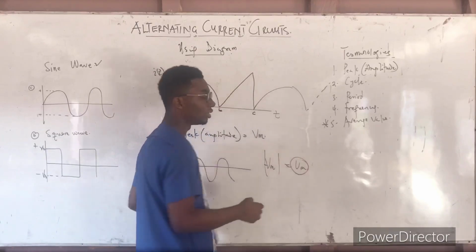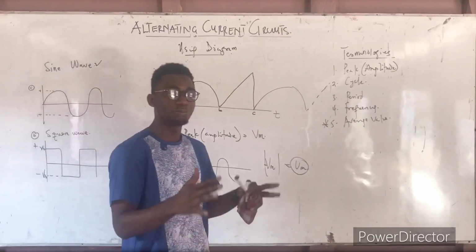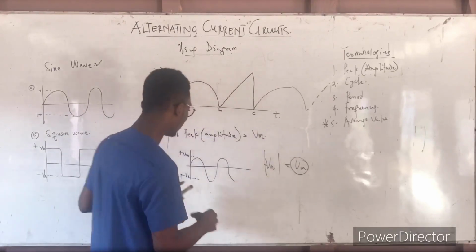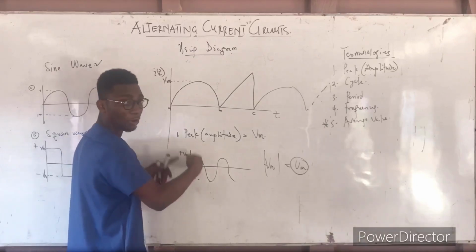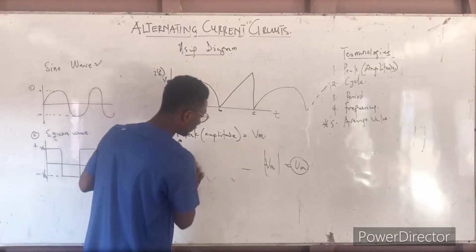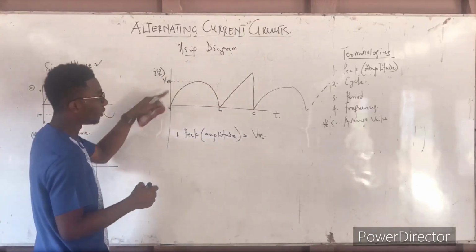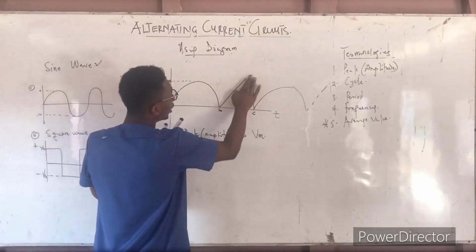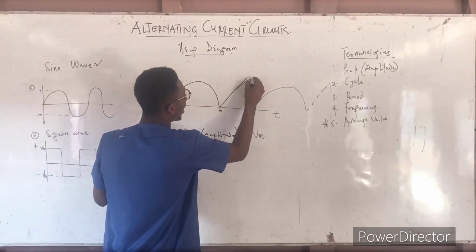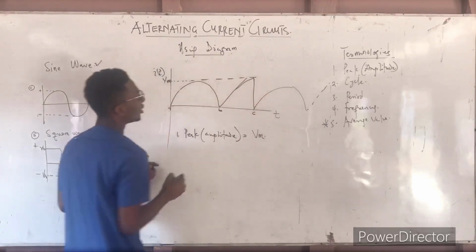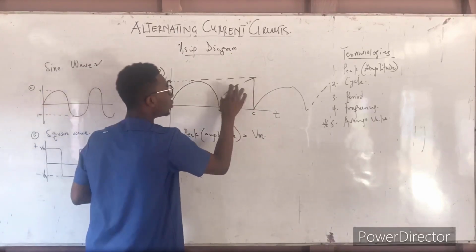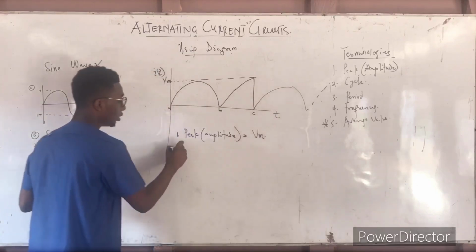So when it comes to the absolute value of the peak value, it has nothing to do with polarity, that is the alternation. Okay, so in this case, this is the peak value. It has to also be the same length as here, so they are all the same. That will be the peak value for this waveform.